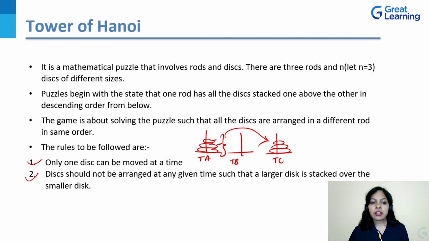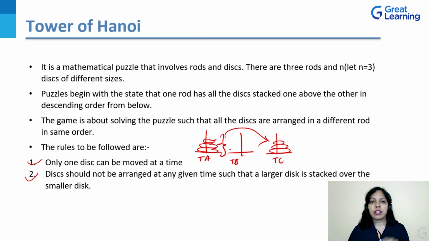The second rule is that disks should not be arranged at any given time such that a larger disk is stacked over a smaller disk. Even though the final state you have to achieve has the disks arranged the same way, with the larger disk down and the smallest one above it, not just the final output but also the intermediate states must follow this.